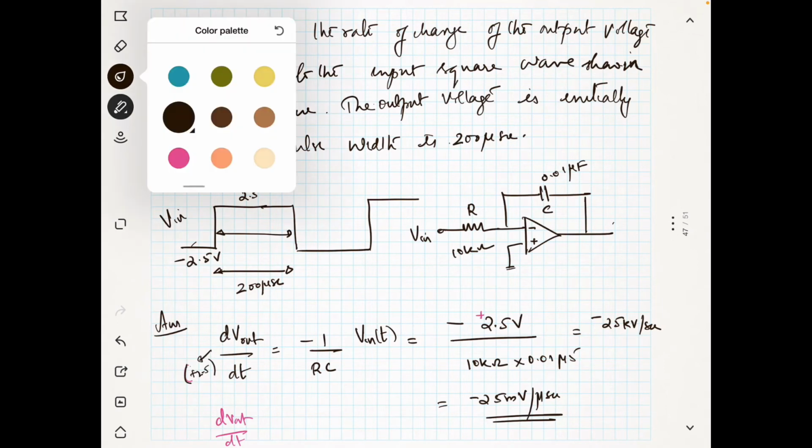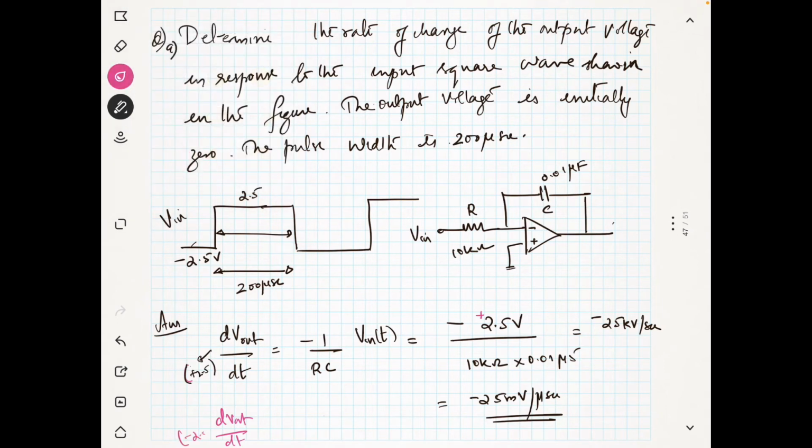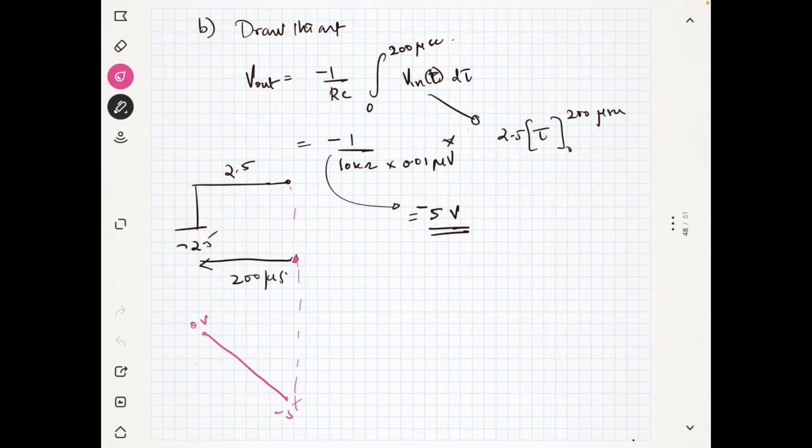Similarly, I can write it for minus 2.5, and I will get the answer as plus 25 millivolt per microsecond. Why? When I give the negative input, I will get the positive output. When I give the positive input, I will get the negative output, because the input is connected to the inverting terminal.